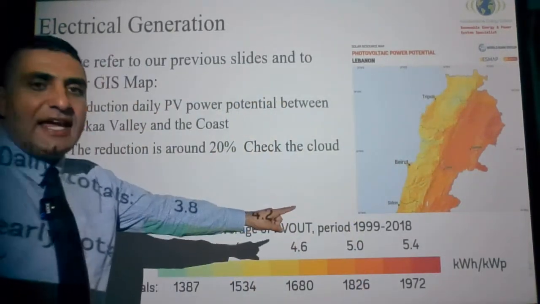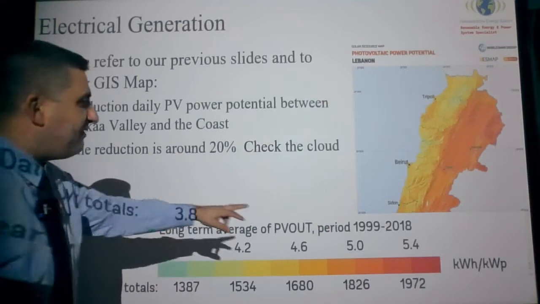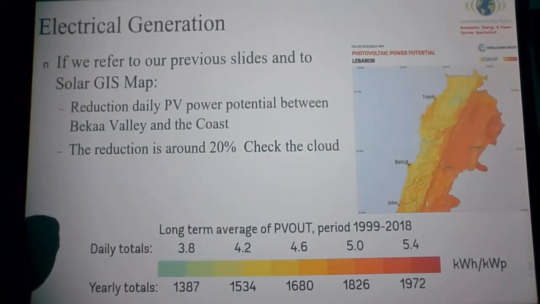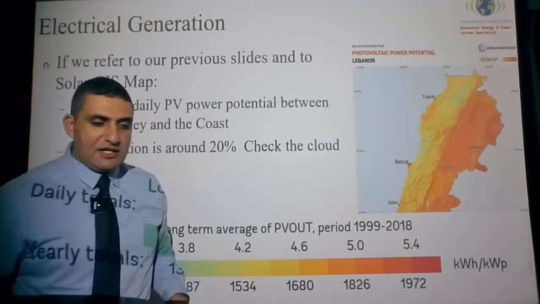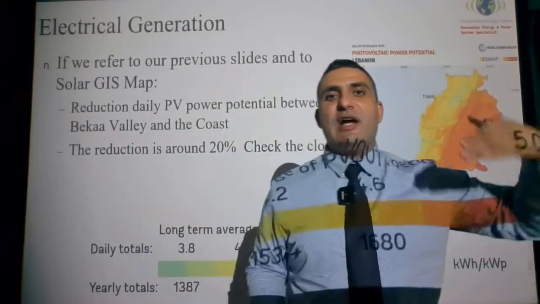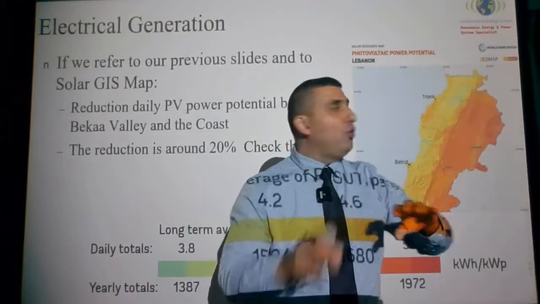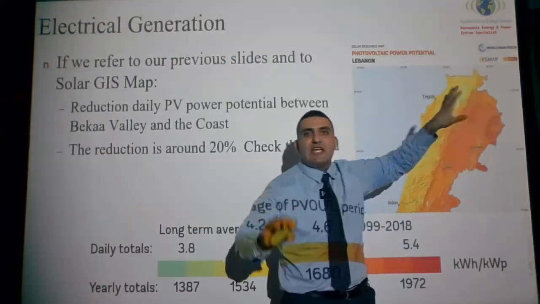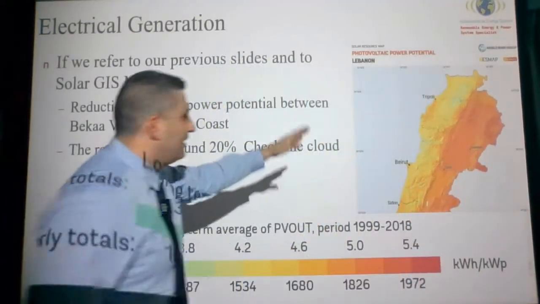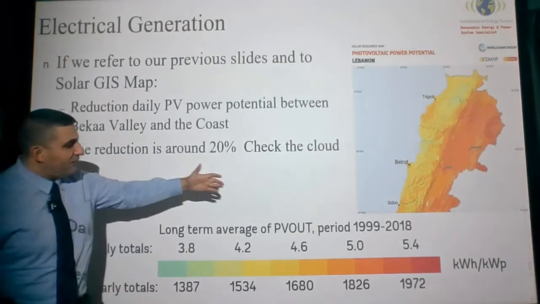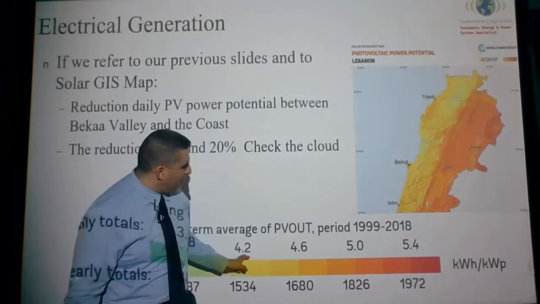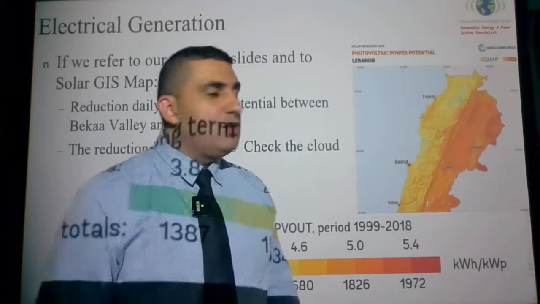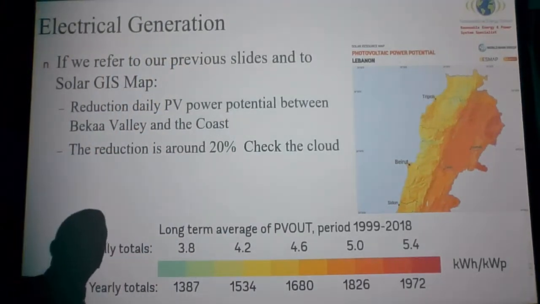In the Bekaa Valley, it can give me 5.4 kilowatt hour per day on average. That's a daily total. In some other areas where there's green, guys, for those who live in Lebanon, if you look at the Dinniyeh and Aysoun area, you always have a fog that also reduces the amount of solar energy. It will be reduced from 5.4 to 3.8, and on the coast on average between 4.2 and 4.6. So this reduction equates to almost 20%.